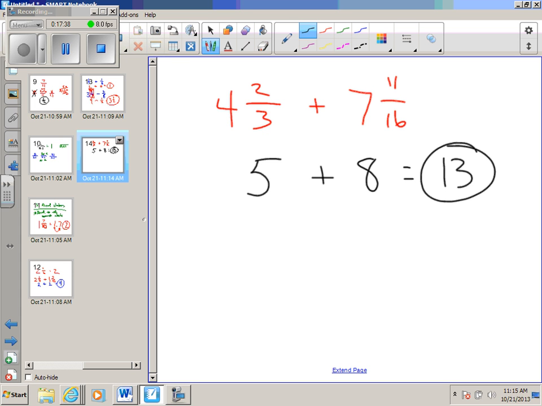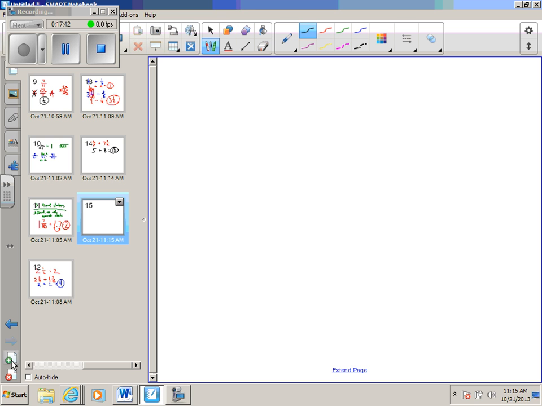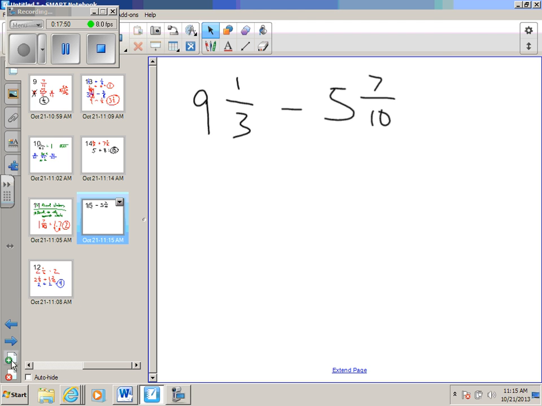Yeah, let's do another one. Nine 1/3 minus 5 7/10. So we found out that 2/3 was greater than half. How does 1/3 fare? What's half of 3, right? 1.5.